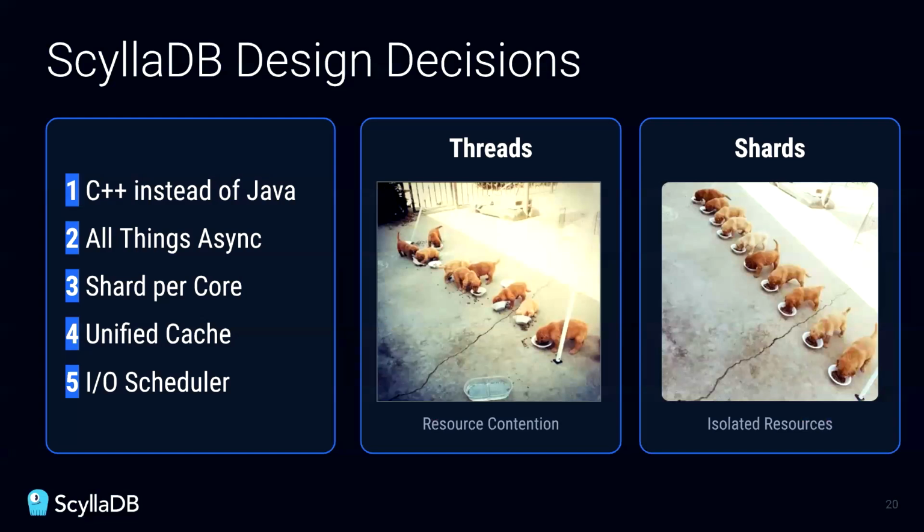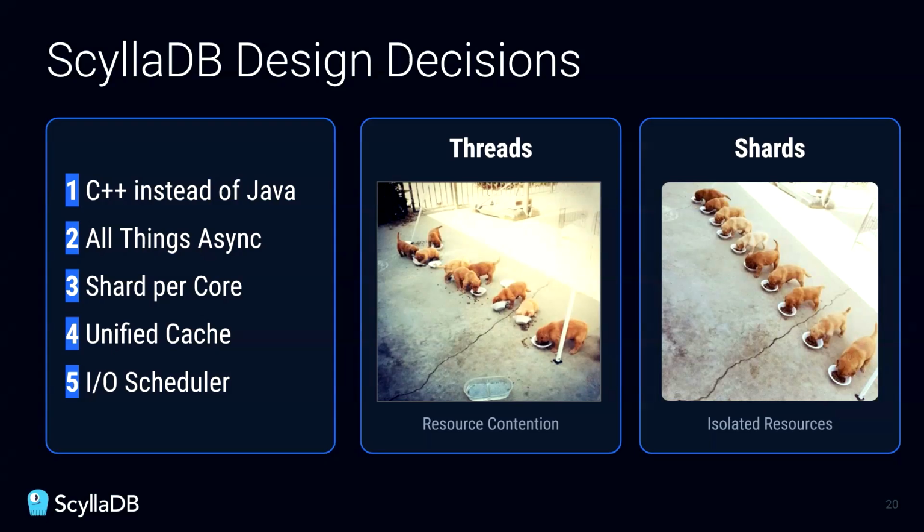So what we're seeing in this slide is the shard per core architecture. So this is the puppies here on the right. And what we're seeing here on the left-hand side is the thread pool architecture, which is used by some other databases. Okay, so I'm guessing that most of you know what a thread pool is.